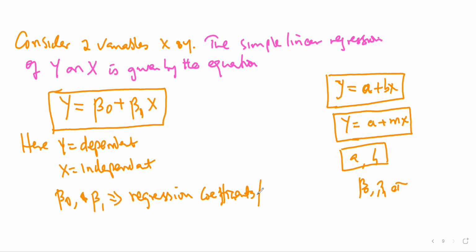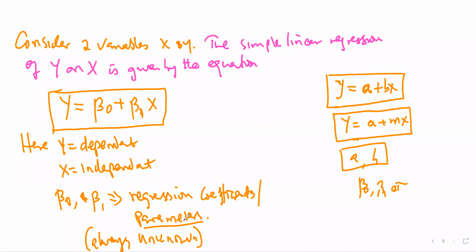Sometimes you can call them regression parameters. I believe the term parameter is not new to you. A parameter is a numerical summary value for the entire population. And just like any other parameter, these regression coefficients are always unknown. So the values of beta naught and beta 1 are always unknown.